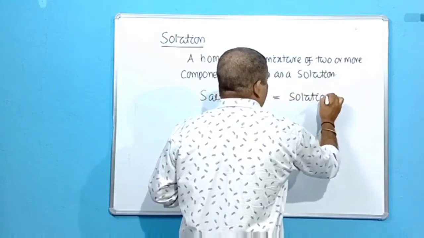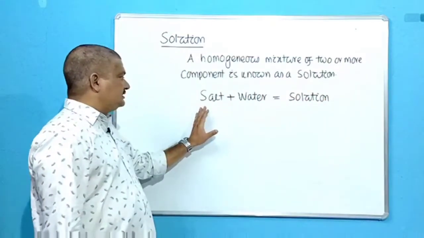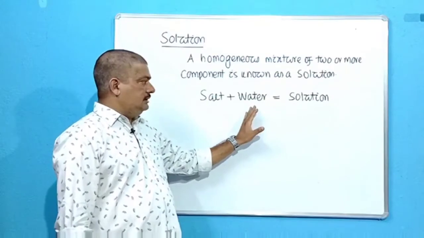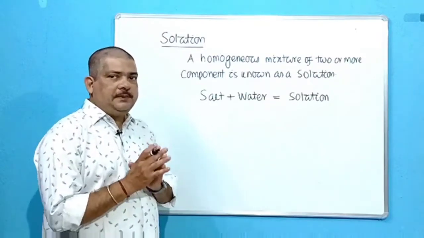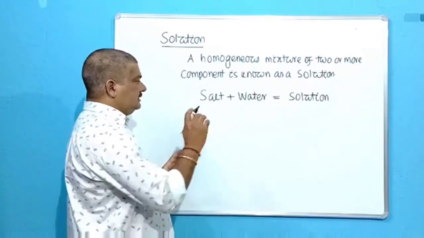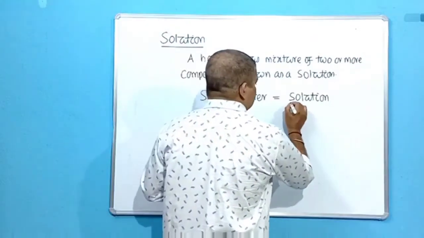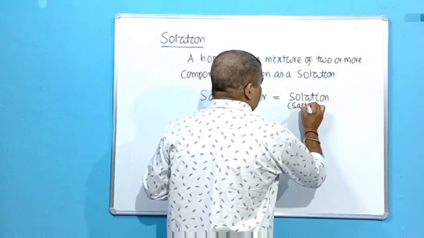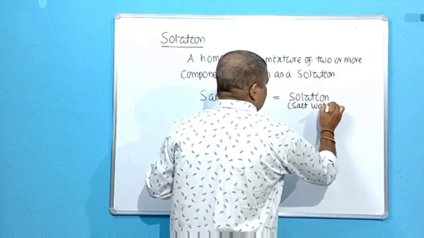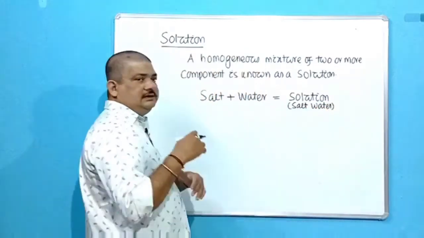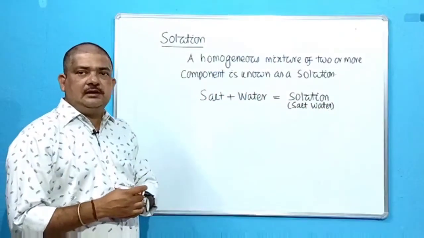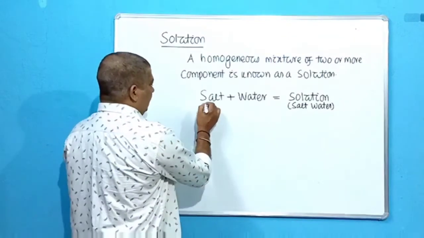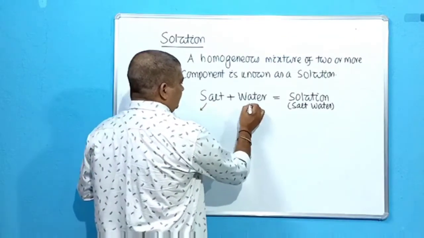So in order to form the solution, what did we do? We added salt to water. Okay. So there are 3 parts, including the solution. So this salt water is the solution. The salt water becomes the solution where the salt is completely dissolved in water, and these are 2 components.